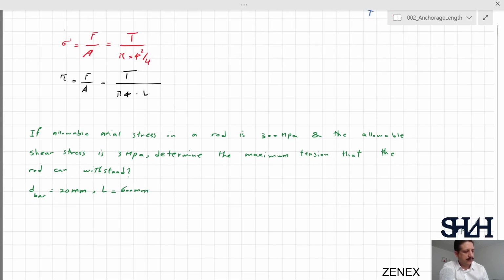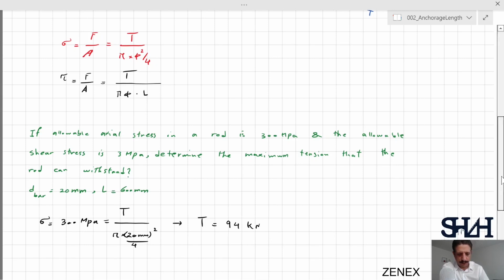So we know that sigma allowable is 300 megapascal and this is T divided by pi 20 millimeter squared divided by 4. As a result, T based on the failure in the actual stress is 300 pi 20 squared divided by 4, which is 94 kilonewton approximately.